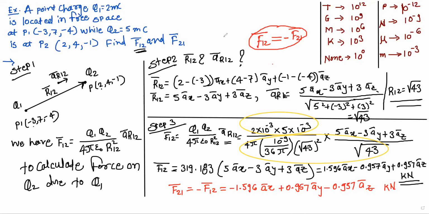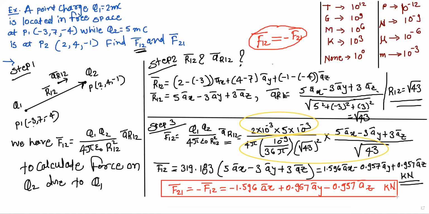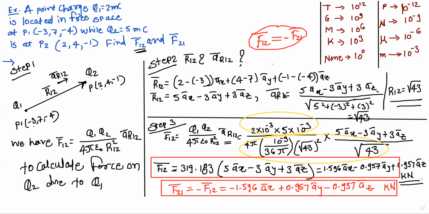That's why I'm writing it as kilonewton. So if you are solving, please check whether you are getting these answers. If you are not solving, at least note down those answers so that in future you can cross verify them. These are the answers.